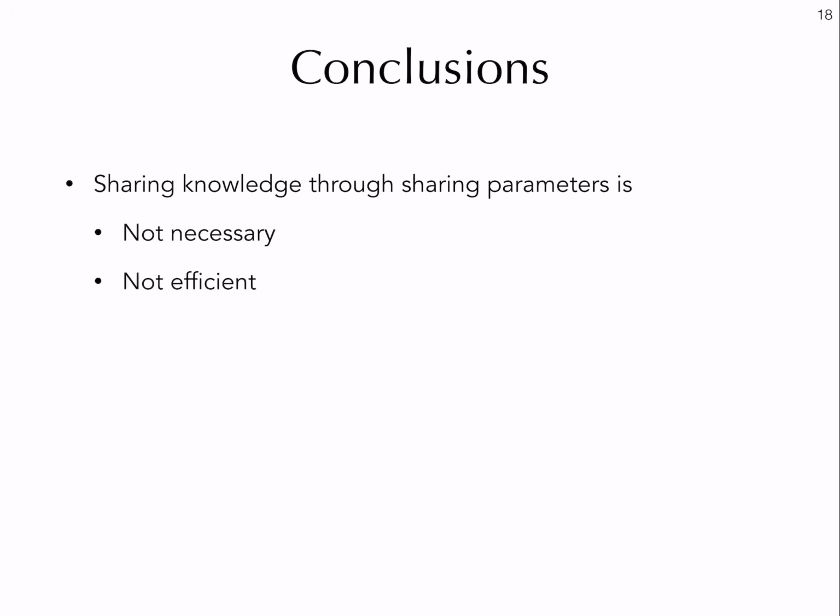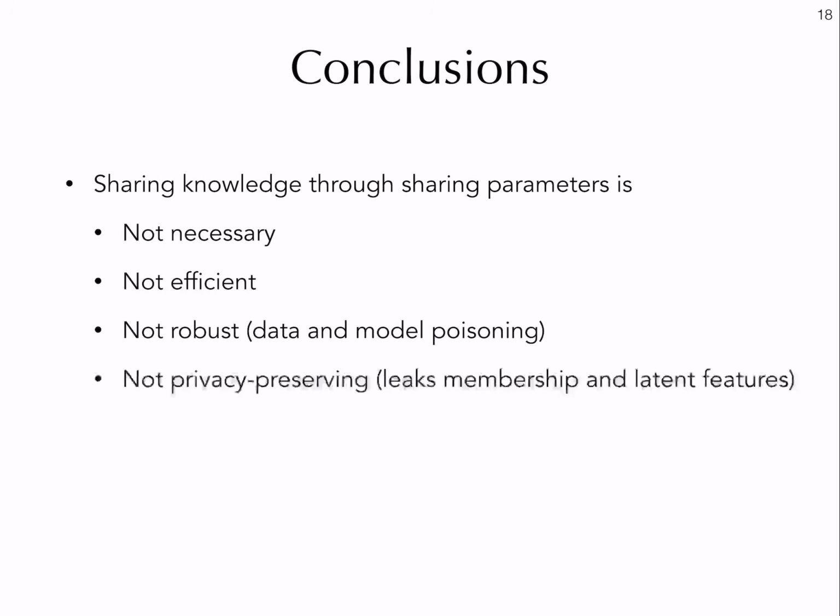It is not robust because the attacker has a lot of influence on the other models, and also in that high dimensional space, coming up with tight error guarantees is very difficult. It's not privacy preserving because the models leak a lot of information through their parameters. And also protecting them using differential privacy and other techniques is also very difficult.